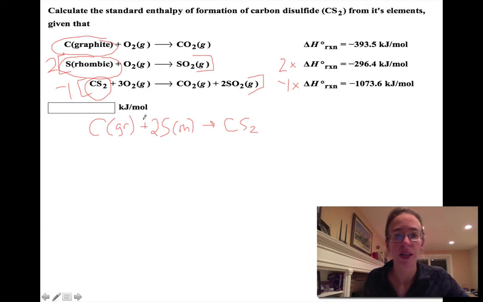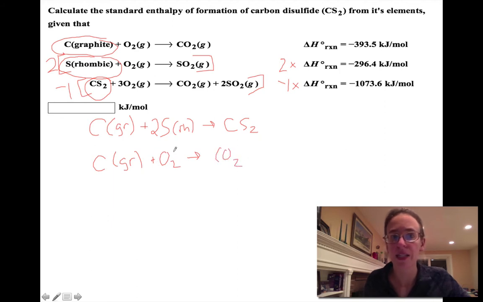Okay, so generally now we can just add together these enthalpies, but we want to make sure that this reaction actually works when it's combined in this way. So we're going to go ahead and write out all of these reactions in the forms that we want them in. Carbon in the form of graphite plus O2 yields CO2.